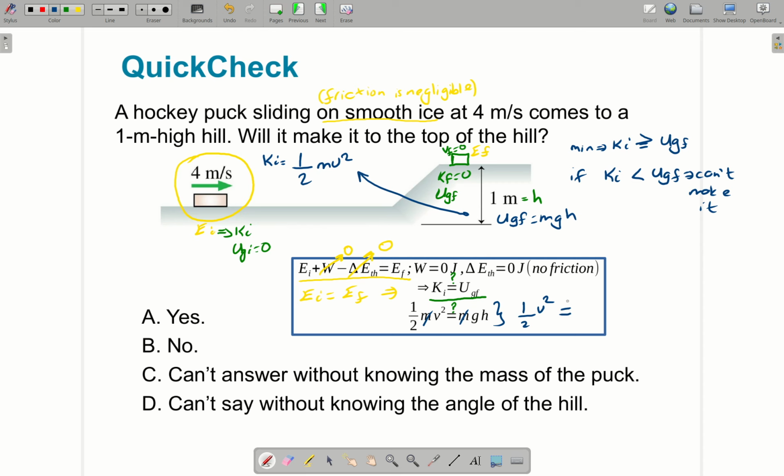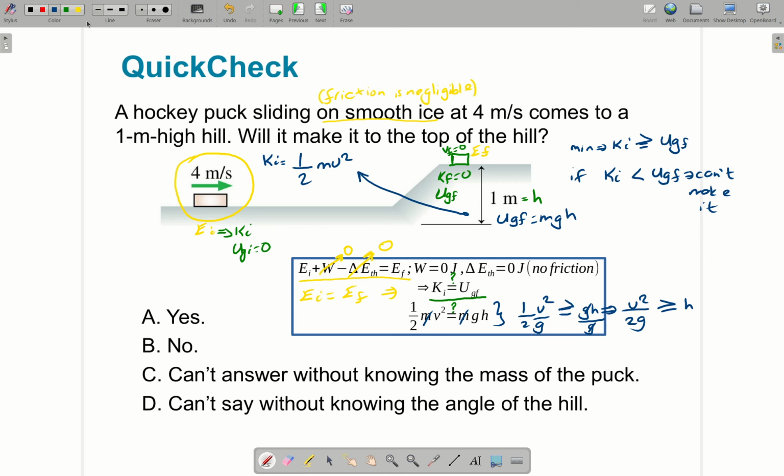It could be larger. Let's put larger or equal to g times h. Then I can calculate that as v squared over 2 times g. Notice I'm dividing both sides by g. And g cancels here. Is that larger or minimum equal to h? If that's the case, it can make it there.